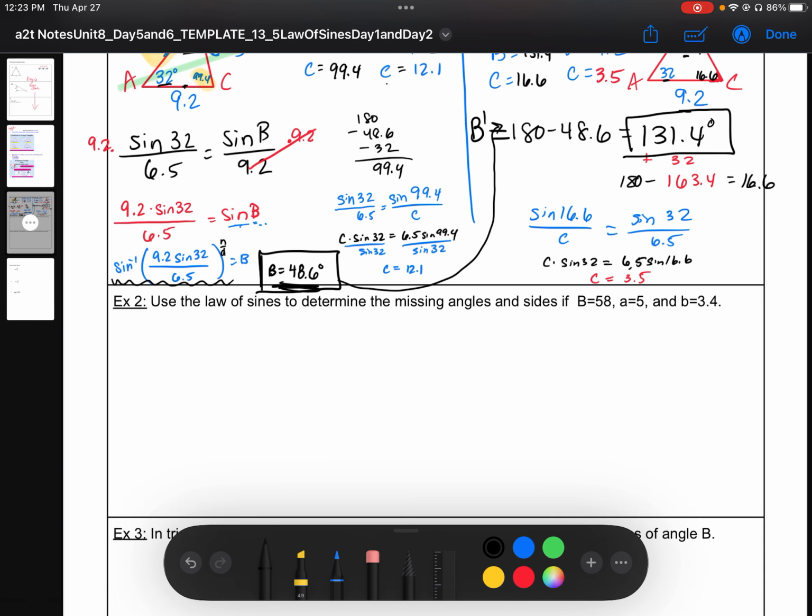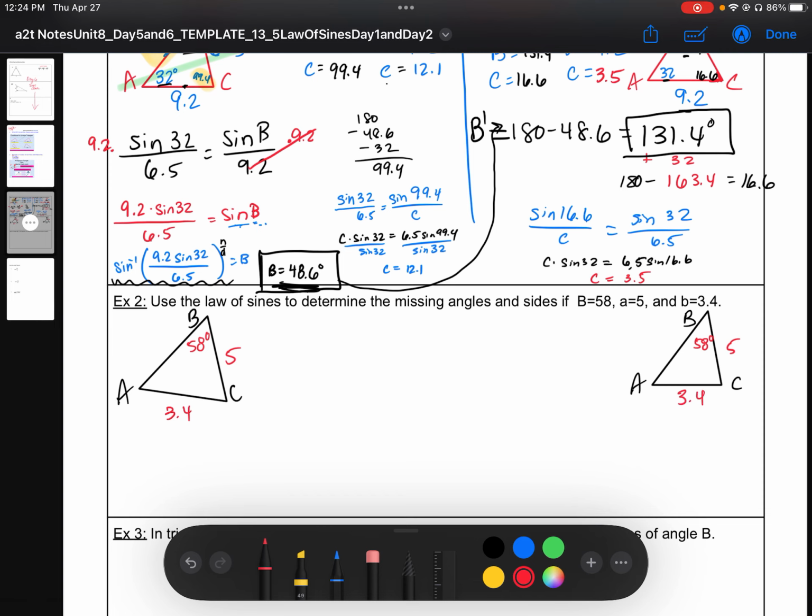Okay, so let's start drawing our triangles. They do not have to be perfect. Always assume it's not drawn to scale. So angle B is 58, side A is 5, side B is 3.4.